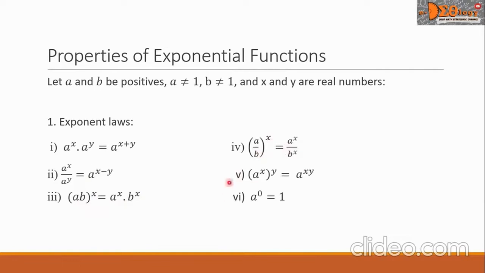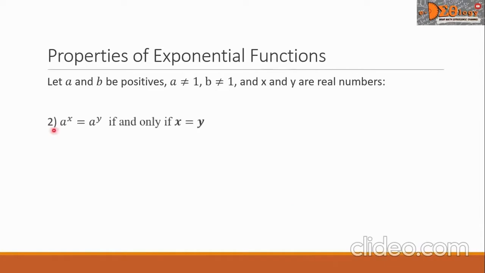Law number 5: a raised to x, and the quantity is raised to y, is equal to a raised to the product xy. Law number 6: a raised to 0 equals 1. Property number 2 is a raised to x equals a raised to y if and only if x equals y.